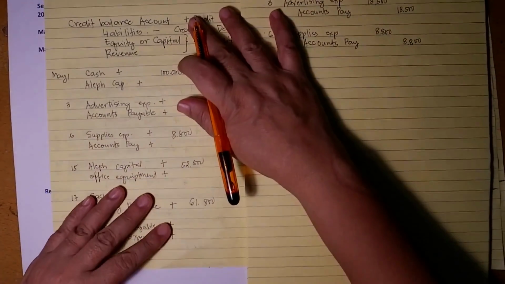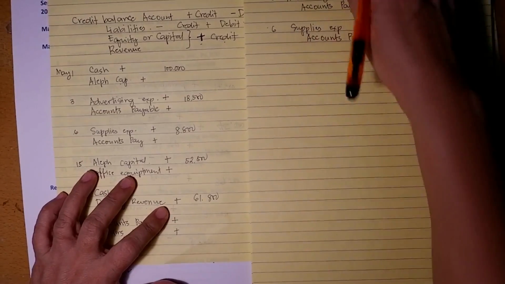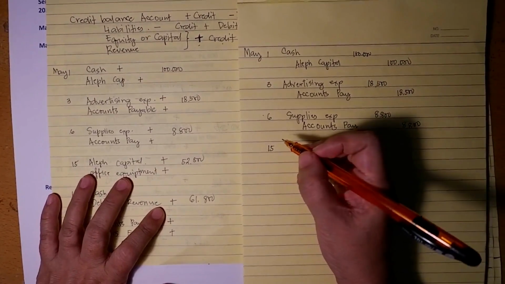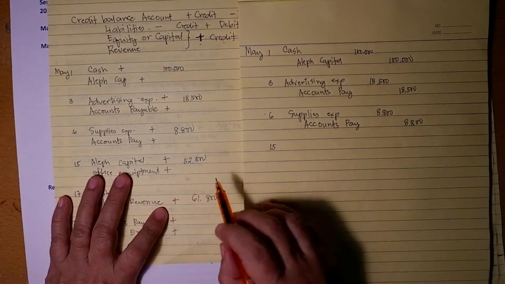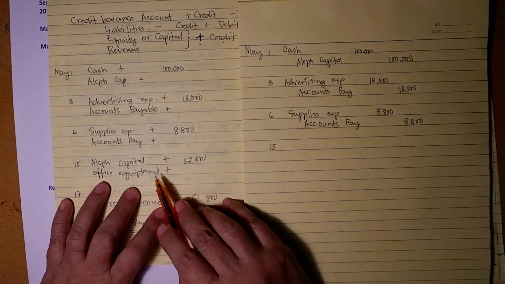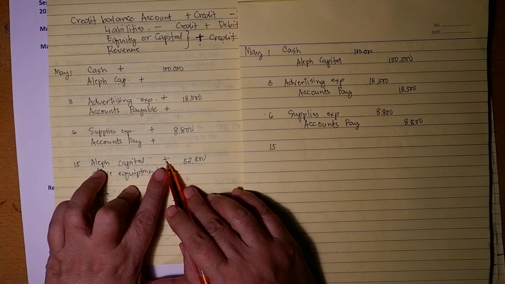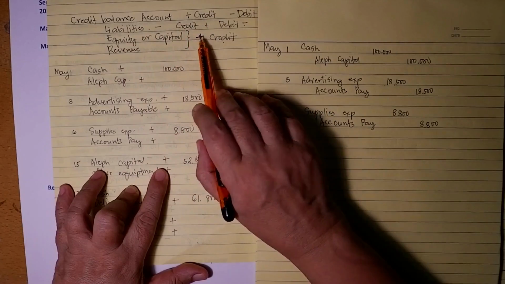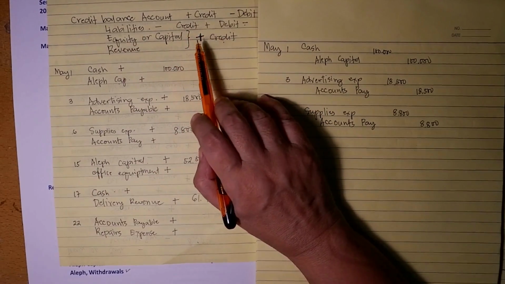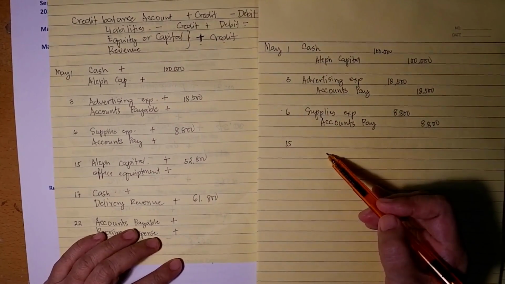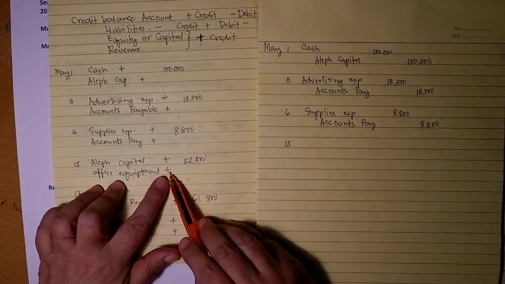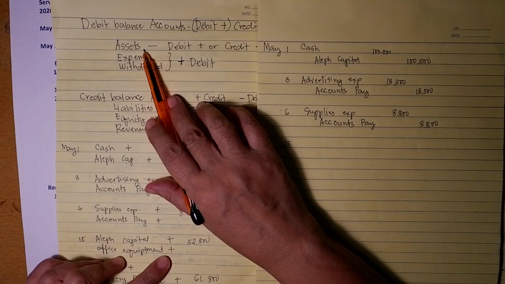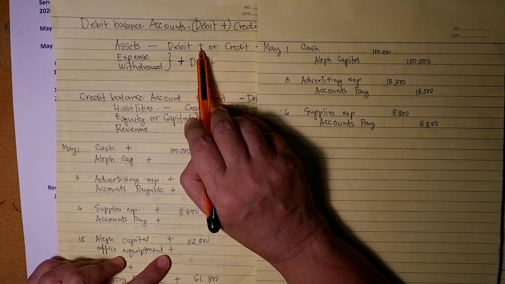Then we have 15. Aleph capital plus and office equipment plus. Aleph capital, in our guide, equity or capital is plus and that is credit. So it should be credit. And we have office equipment. Office equipment is an asset. And to increase our asset, it means to debit. Okay?